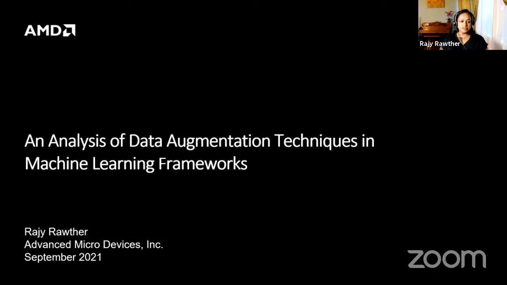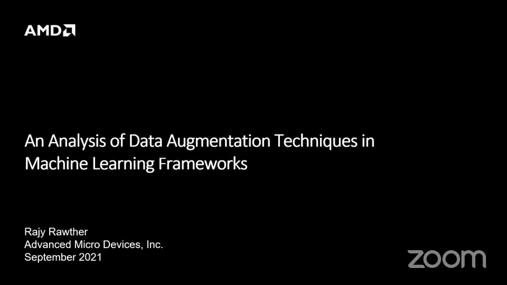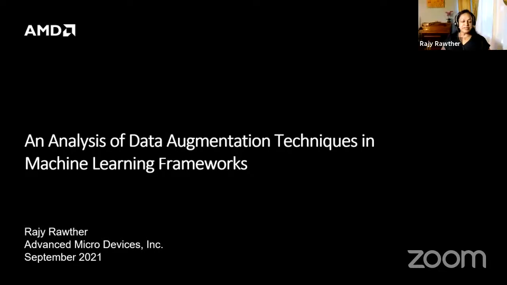So my talk today is an analysis of data augmentation techniques in machine learning frameworks. Hello, everyone. Many of you might have heard about Ivan Pavlov, the physiologist who was researching salivation in dogs in response to being fed. He predicted that the dogs would salivate whenever the food was inserted in their cheeks.